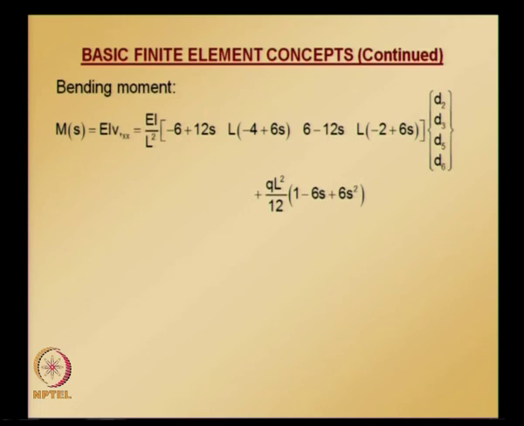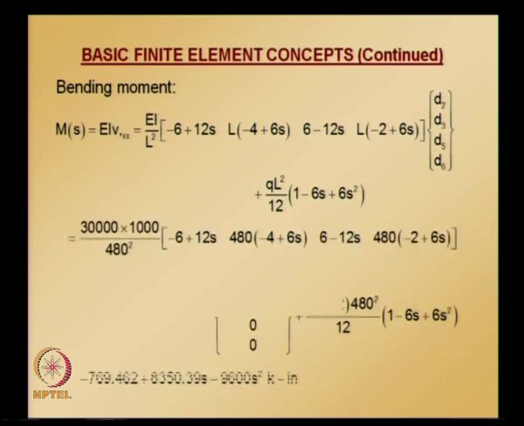Again the first term is coming from finite element interpolation and second term is coming from fixed end correction. Substituting the numerical values, we get bending moment expression, in which we can substitute S is equal to 0 and S is equal to 1 to get the bending moment at node 2 and node 3 respectively.